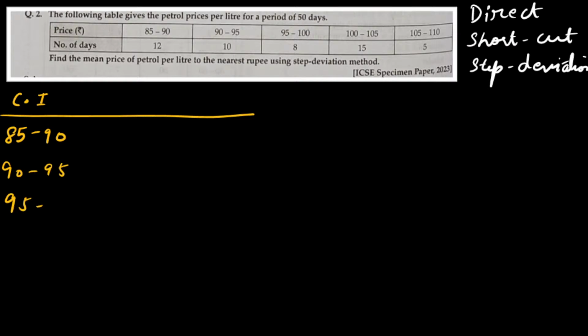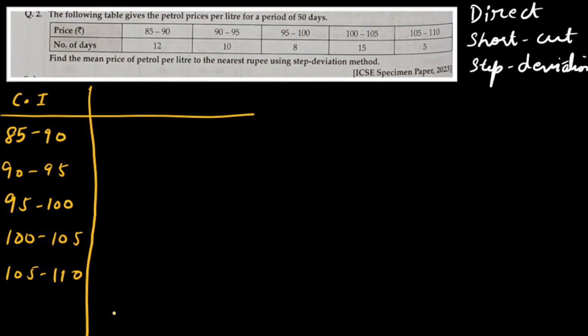So I'm just going to write the class interval first of all. Class interval is given to us as 85 to 90, 90 to 95, 95 to 100, 100 to 105, 105 to 110.